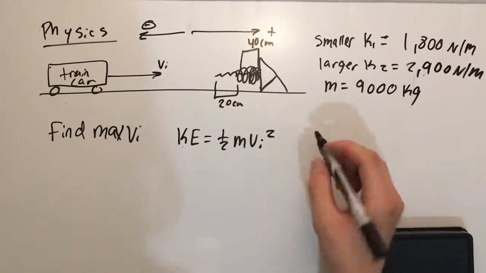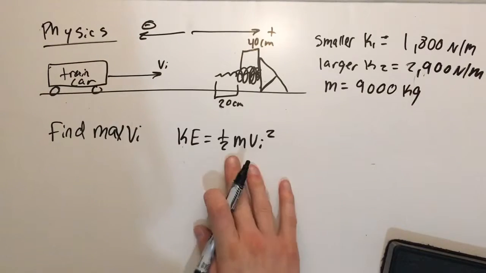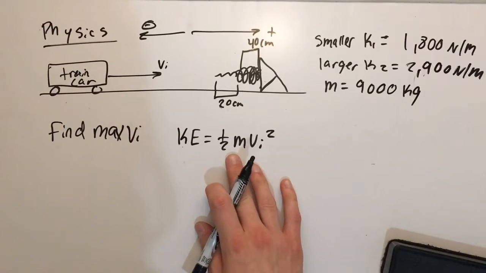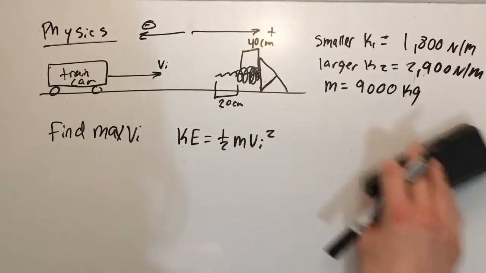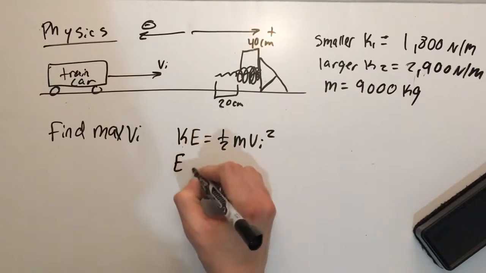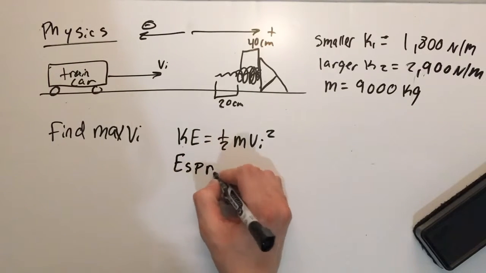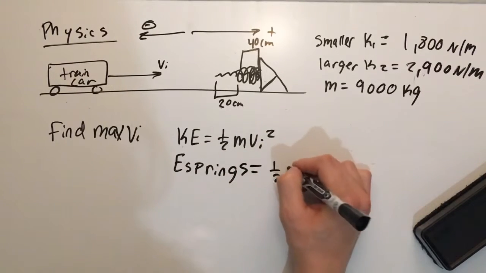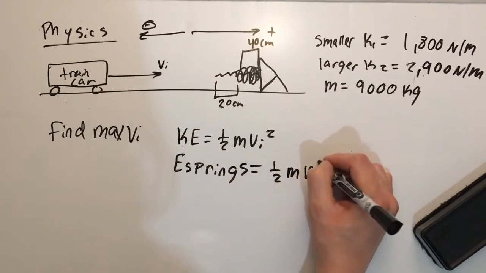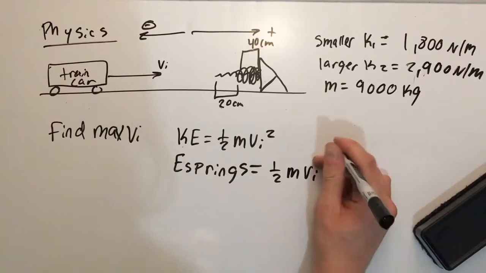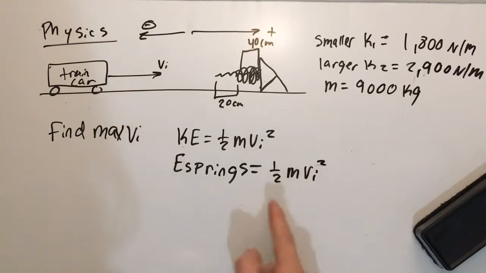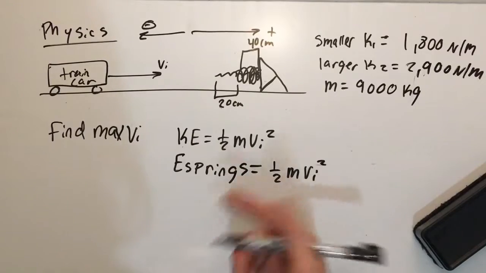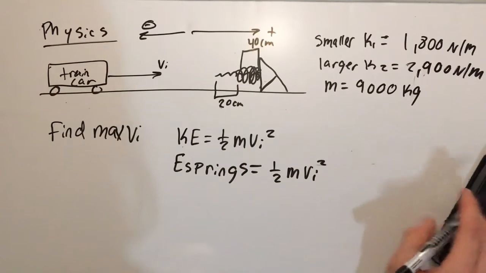It won't be moving. So the energy of the two springs, E springs, will also have to be 1/2 m v_i squared. These two are equal because they cancel each other.